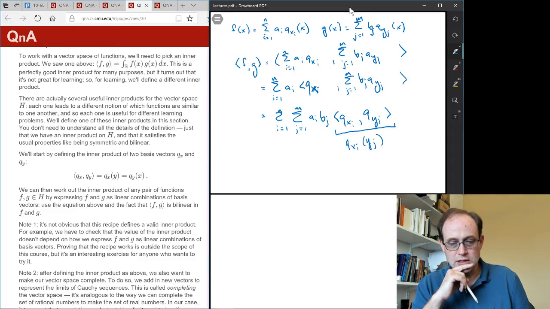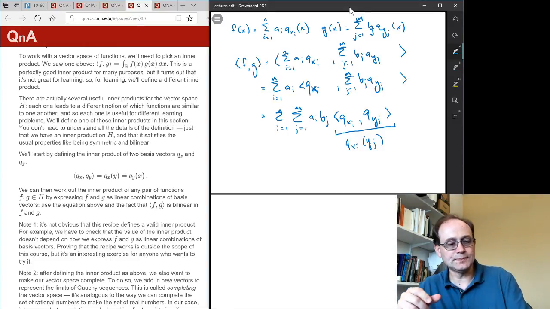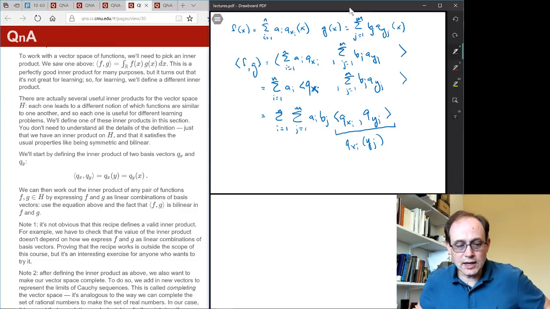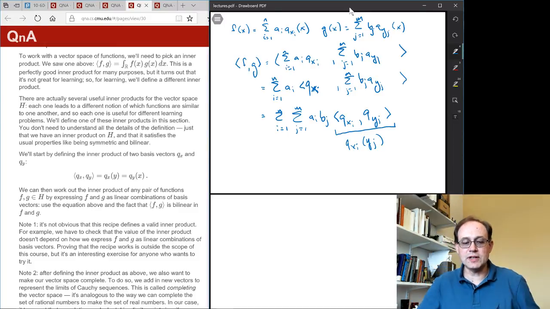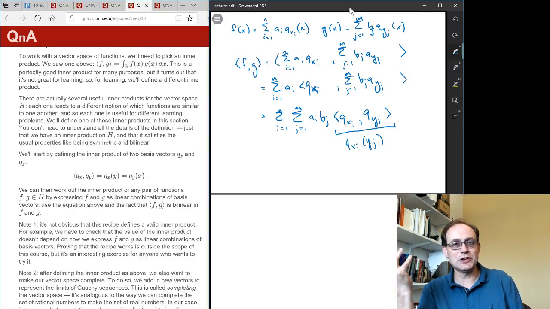All right, and so that's the recipe, and I should point out that it's not obvious that the recipe defines a valid inner product, but it does. And if you're interested in the proof, there are many higher level machine learning courses that would be glad to teach it to you.